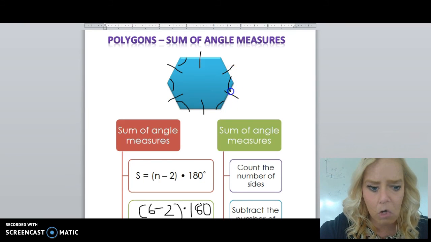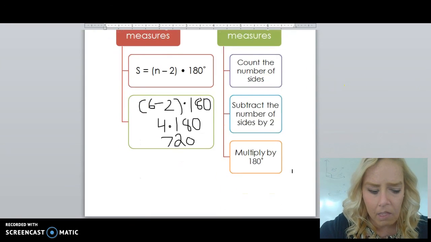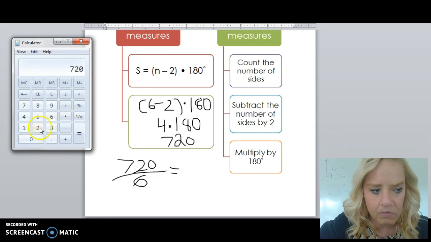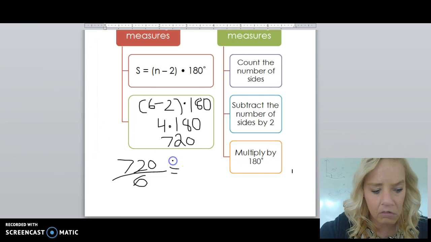If I wanted to know the measure of each angle, considering this to be a regular polygon, regular meaning all the sides and angles are the same, I could take 720 and divide it by 6, because there's 6 angles. 720 divided by 6 equals 120.